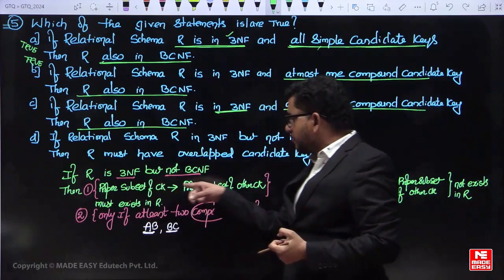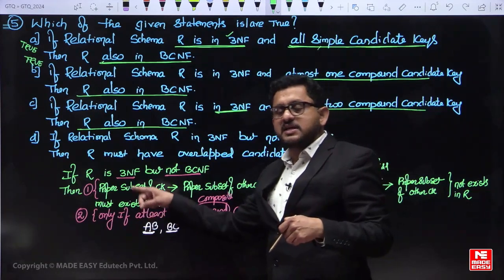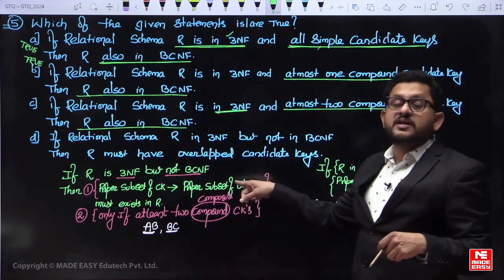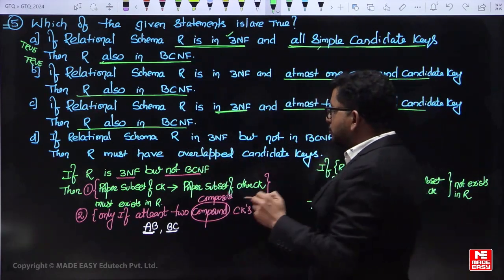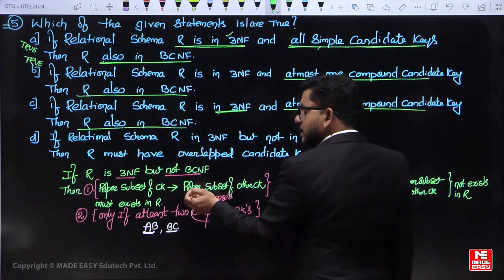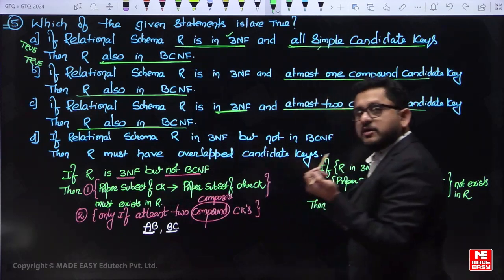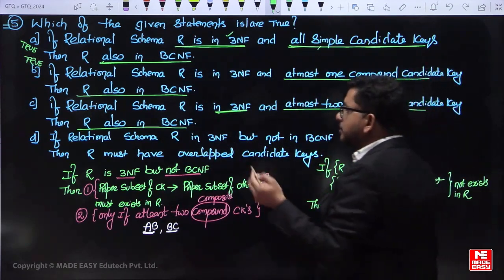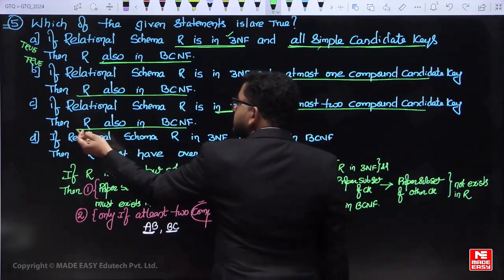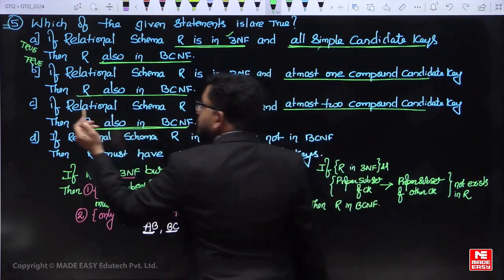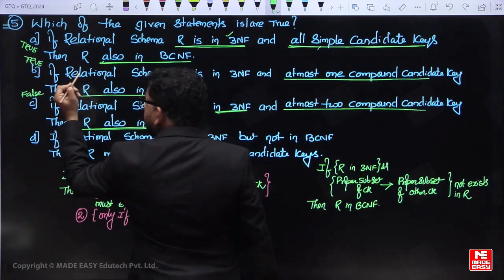To have this kind of FD, two composite keys are required, but that doesn't mean that if two composite keys are there, such an FD is guaranteed. The reverse of this statement is not true. If two composite candidate keys are there, we may or may not have this FD. So the statement that it is guaranteed to be in BCNF is false. The third statement is false.